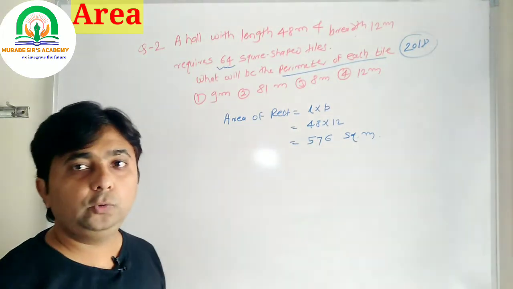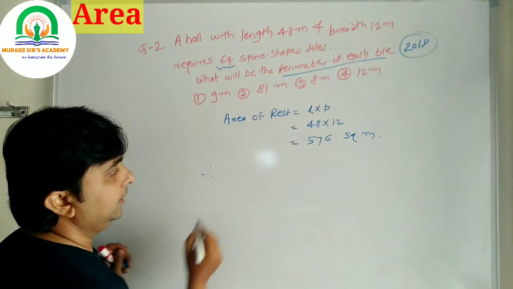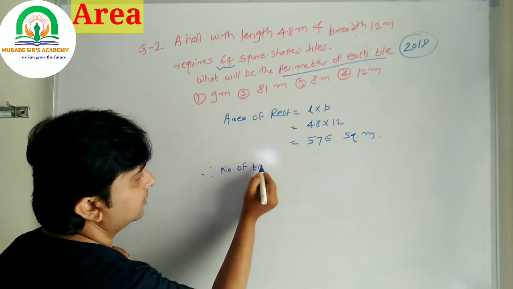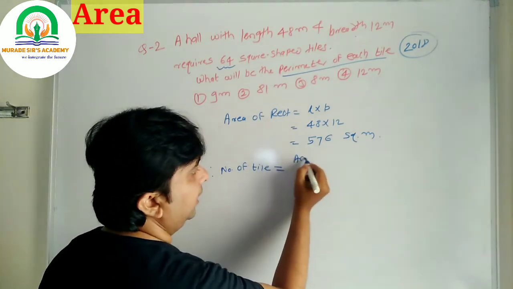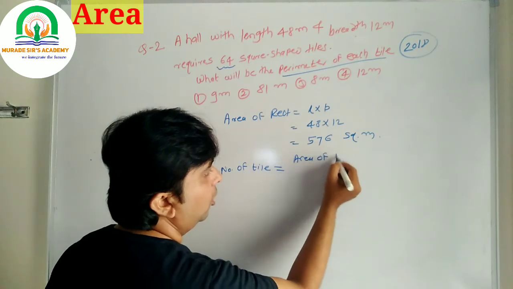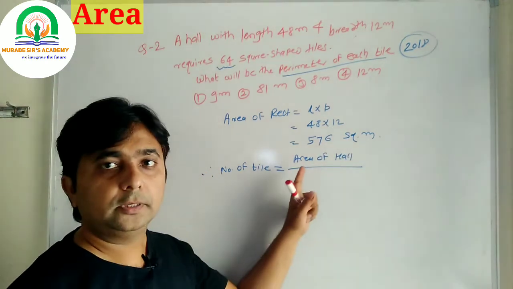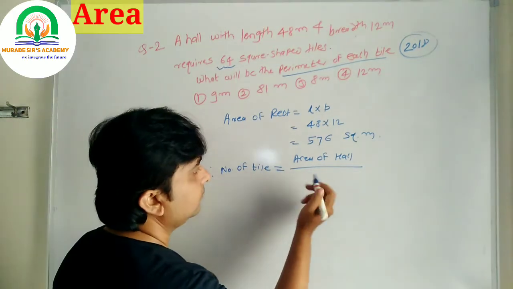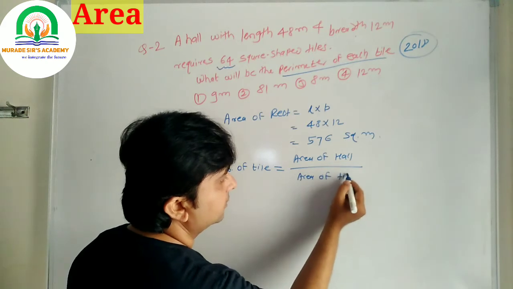Here we want to remember one formula: number of tiles is equal to area of hall, or any floor, upon area of tiles.